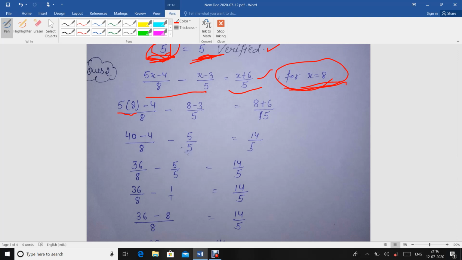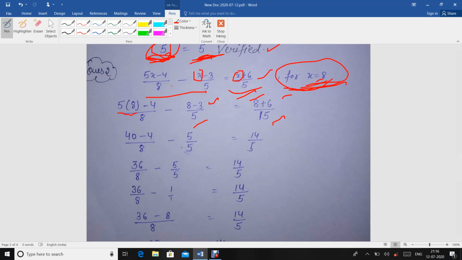Now put here 5x, so we put 8 at the place of x, and we put it within the bracket. Now minus 4 as it is, and upon 8 is as it is. Now here is x, so we will put 8 at the place of x. 8 minus 3 upon 5 is equal to x. At the place of x you need to put 8, plus 6 upon 5. You need to put only the value of x.